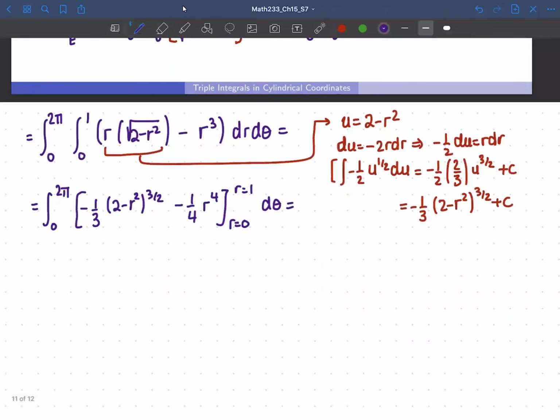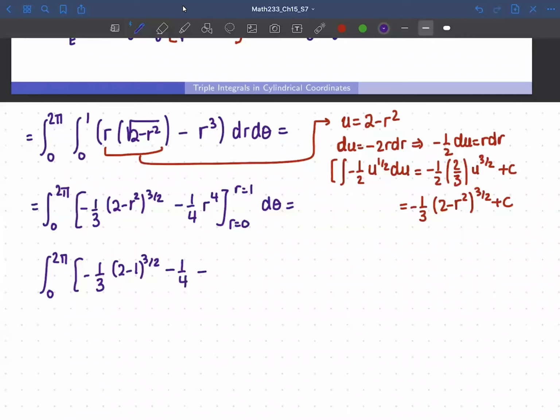So that gives us the integral from 0 up to 2 pi. For r equals 1, we get negative 1/3 (2 minus 1) to the 3/2, and then minus 1/4 r to the fourth, which for r equals 1 will give us just negative 1/4.